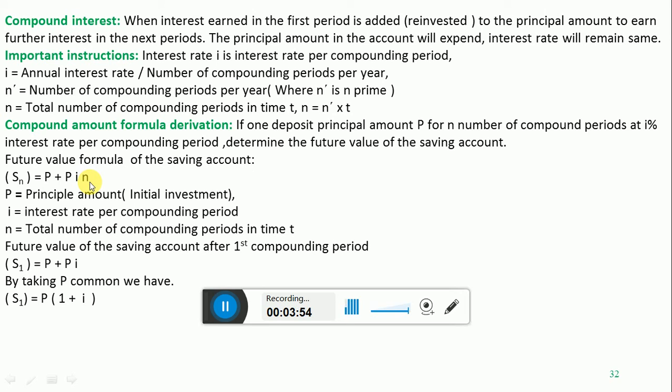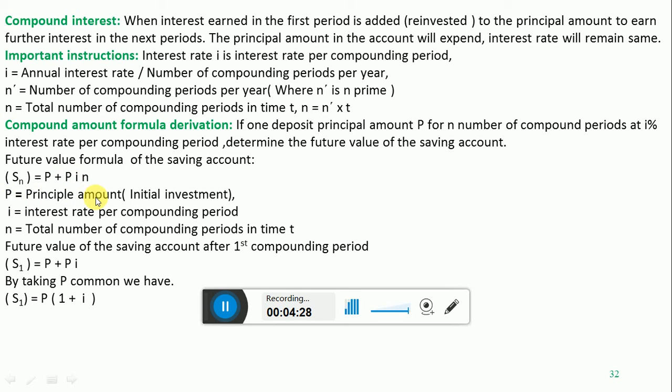Now in compound interest we change R to I and T to N, where I defines the interest rate per compounding period, and N defines the number of compounding periods in time T. I am again repeating, S is the accumulated amount, the sum in n number of periods. P is the principal amount and Pin is the interest earned in the n compounding periods. Sn is equal to P plus Pin.